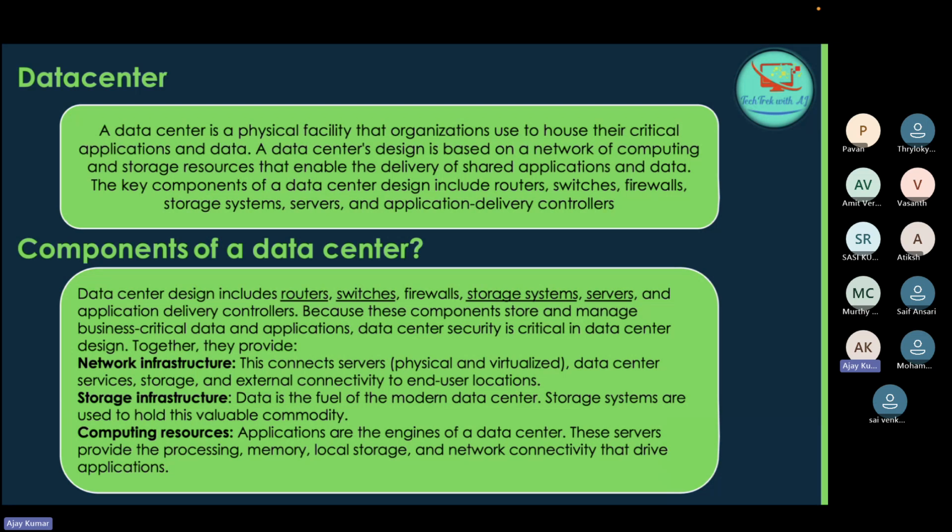So the main component of a data center is the network type of devices. The network type of devices are switches, routers, firewalls, and load balancers. These are the commonly used devices.